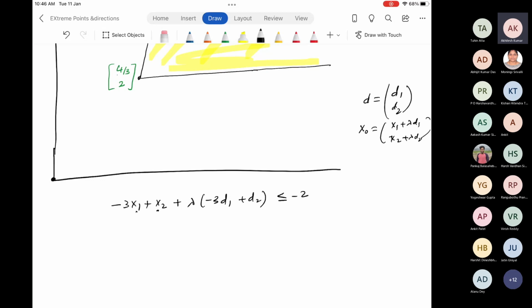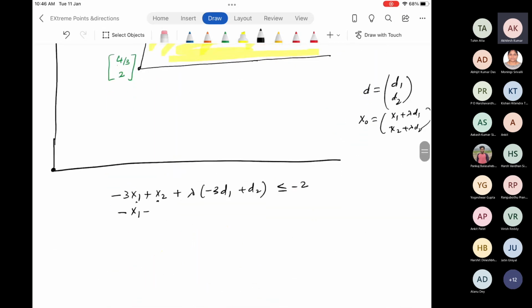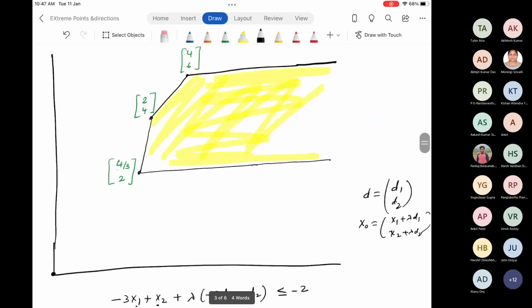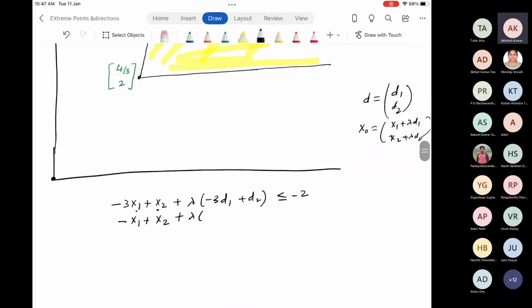So this will lead to the next equation. Can somebody read out the inequations for me? Otherwise I need to scroll up and down every time. Minus x1 plus x2 plus lambda into minus d1 plus d2 is less than equal to 2. Thank you. What is the third one?